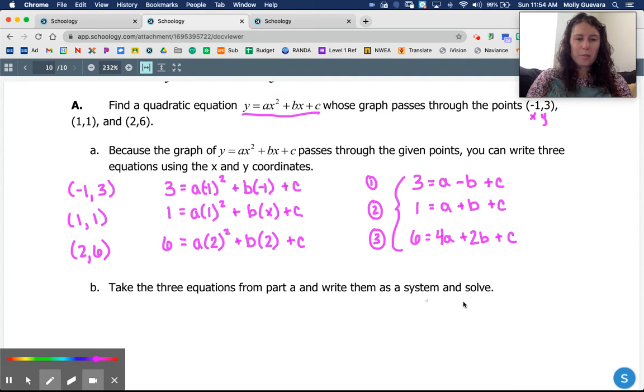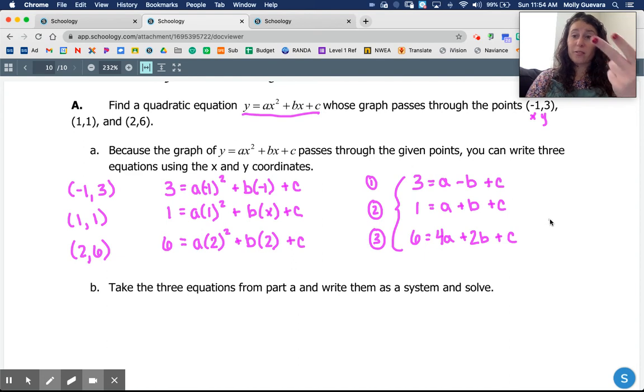Okay, so then part B says now take these three equations and solve them. So I'm going to solve for A, solve for B, solve for C. Once I have those three variables, I plug them in here and I have my equation. So I'm going to take 1 and 2 and then 1 and 3, or you can do 2 and 3. You can do whatever you want, right? So I'm going to take equation 1 and multiply it by -1.